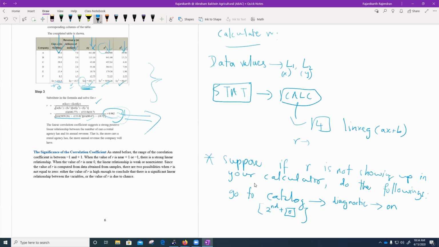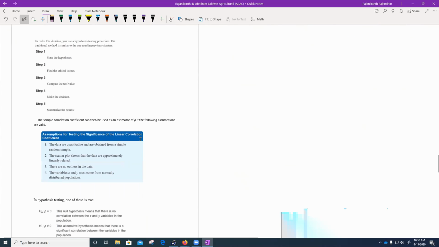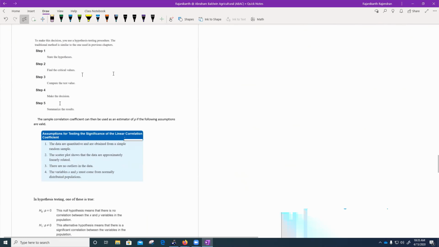So how are we going to check? We are going to use hypothesis testing, okay, to check whether our population correlation coefficient is zero or not. So that is the next step, right? So we are going to use this hypothesis testing for what? For the population correlation coefficient. So we are using a little rho, right, for the population correlation coefficient.